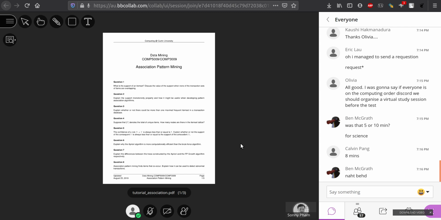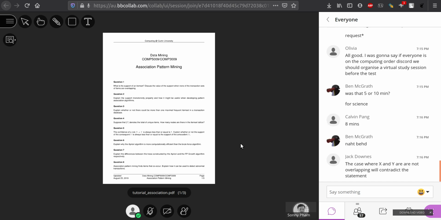So you have x and y on the left and the right-hand side of the rule. We know that the confidence is less than 1. Now, can we say anything about the support of y and support of x? How do they compare?